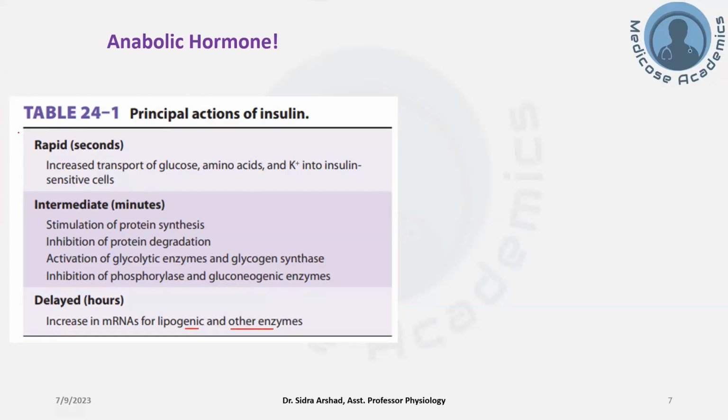So when we talked about the uptake of glucose facilitated by insulin or insulin-sensitive cells, it is pertinent to know the glucose transport mechanisms. The glucose is transported into the cells independent of insulin in most of the cells. For example, neurons are able to take up glucose even in insulin deficient states.